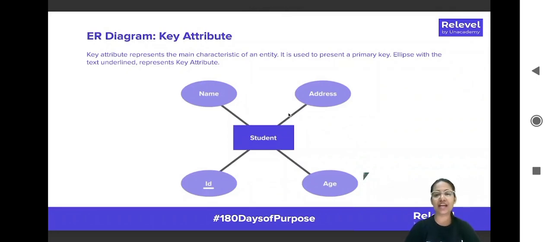Then we have key attribute, like I just talked about. Key attributes basically are the main characteristic, right? How do we uniquely identify a particular data value in an entity? So it is basically used to represent a primary key, and an ellipse with the text underlined represents the key attribute. In this case, that is going to be the ID.